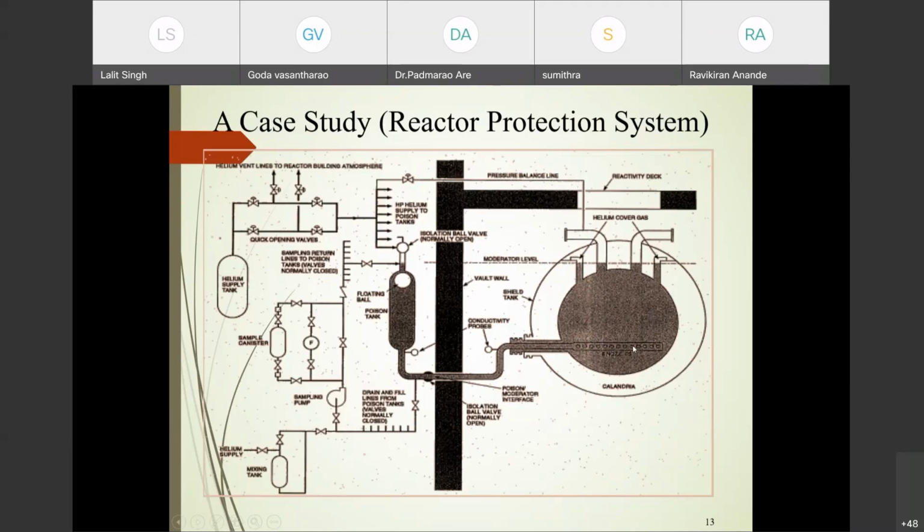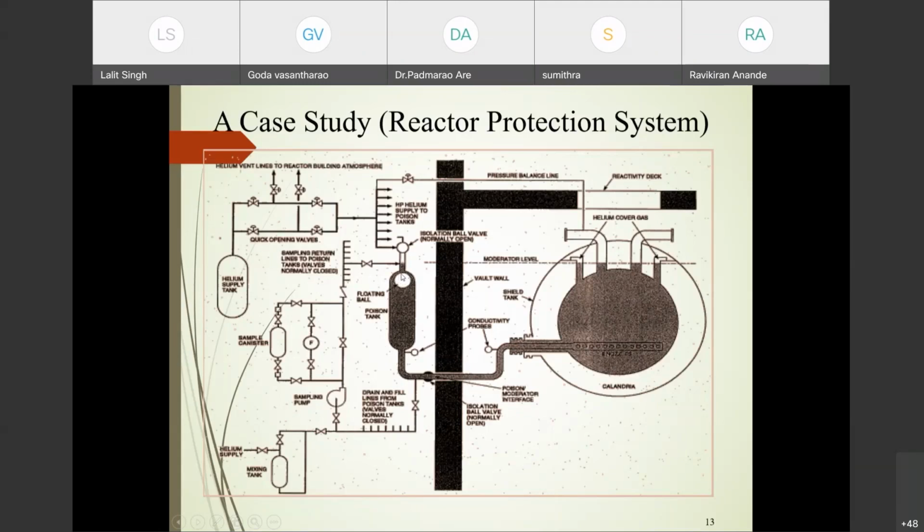And from these holes, the poison can be injected into this calandria. If you backtrack this pipe, you can see it is connected to a tank where the poison tank is written. And this poison tank is filled with the poison.